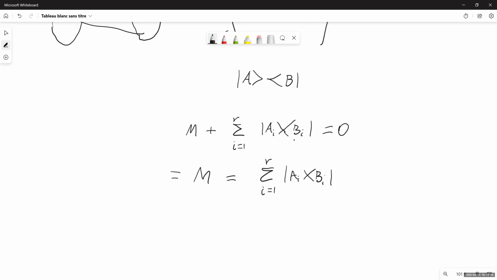And if you're familiar with general linear algebra algorithms in this notation, this thing is exactly the rank factorization of a matrix. So the minimal r you can do here is exactly the rank of your matrix.